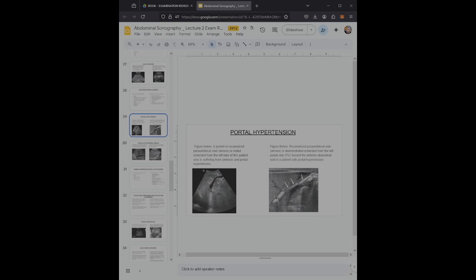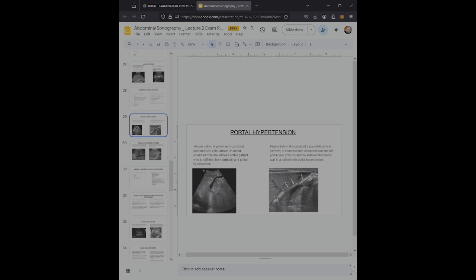Recall that normal flow towards the liver within the portal vein is termed hepatopetal. With cirrhosis, the liver becomes fibrotic or scarred, and it becomes more difficult to perfuse.